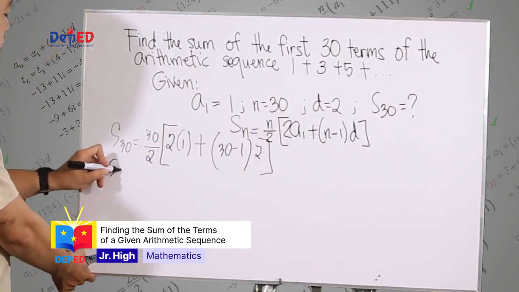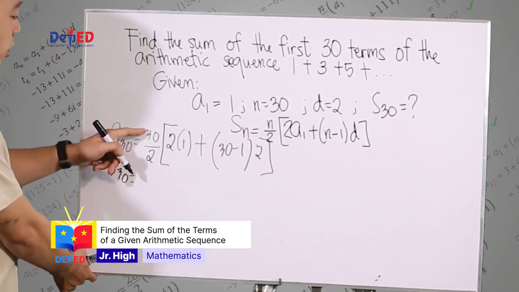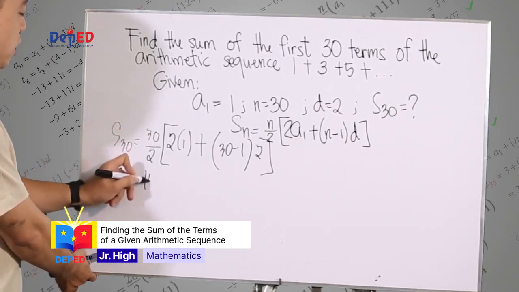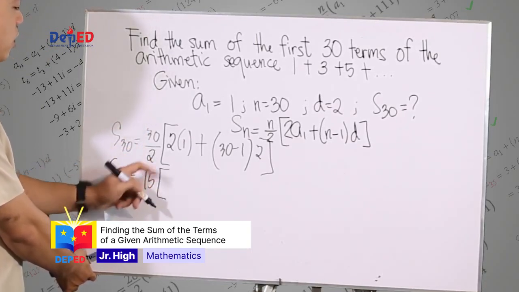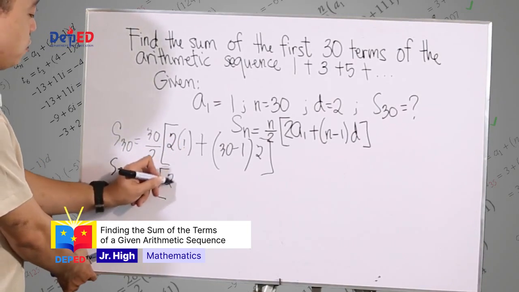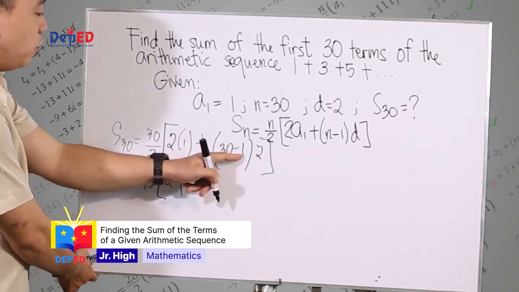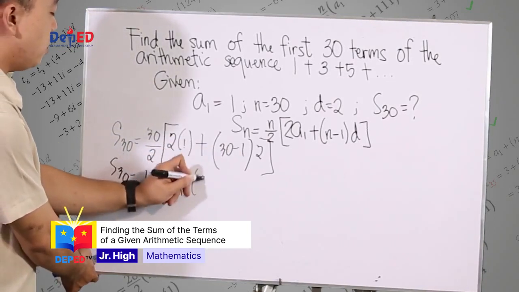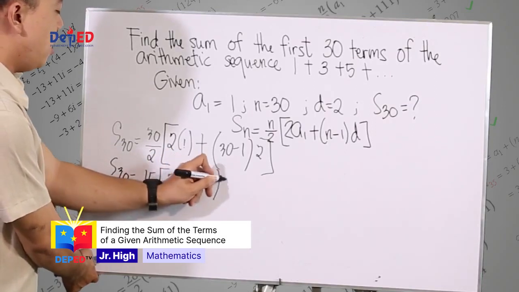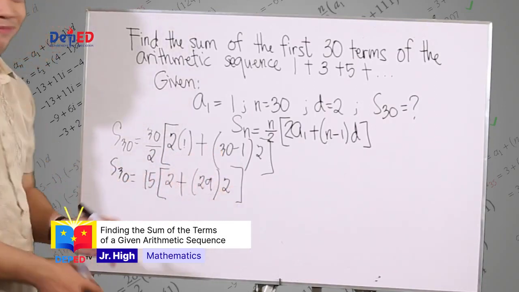Next, we have S sub 30 is equal to 30 divided by 2 will give us 15 times the quantity 2 times 1 is 2 plus 30 minus 1 will give us 29 times the difference 2.